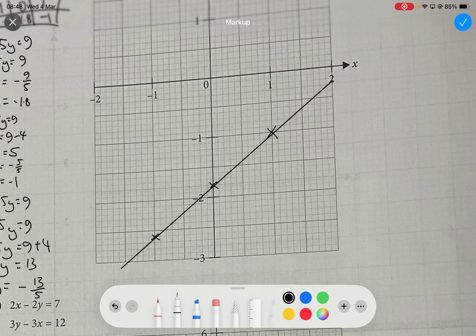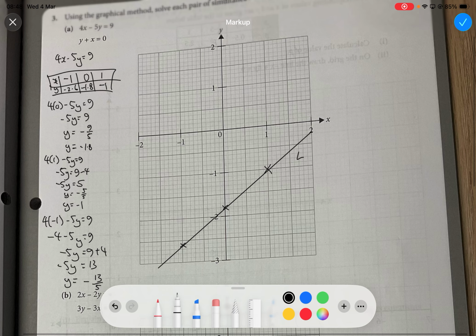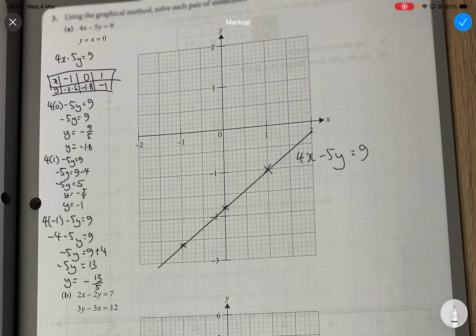Okay, so this is my first line. My first line is 4x minus 5y equals to 9.